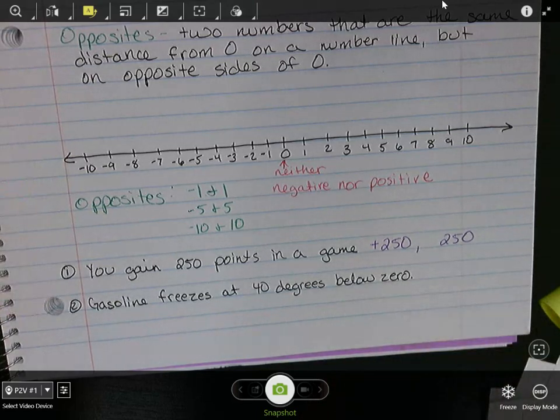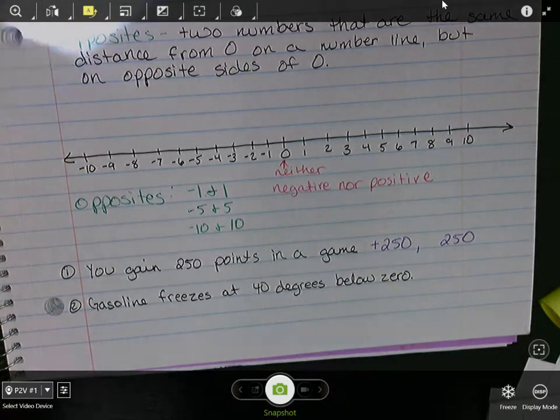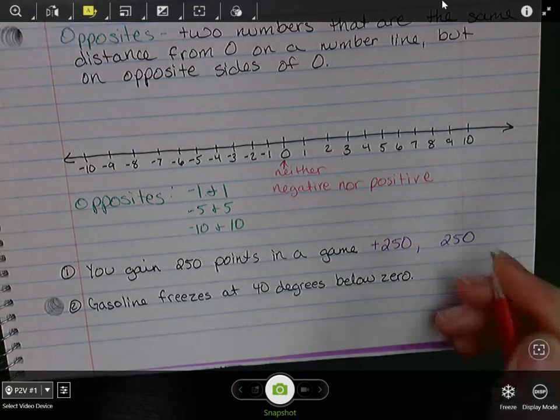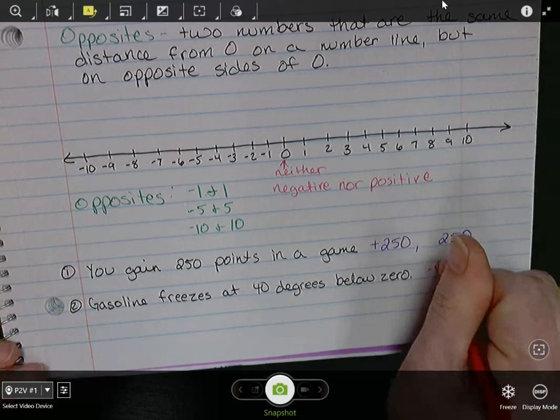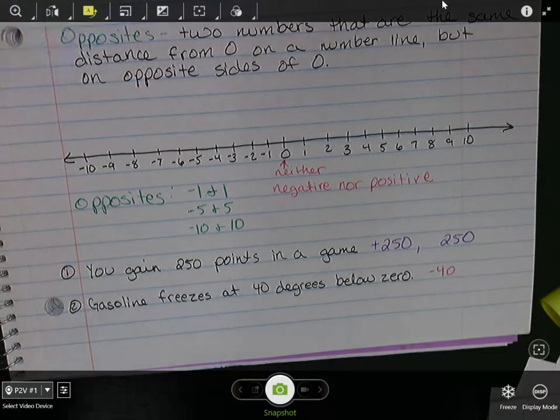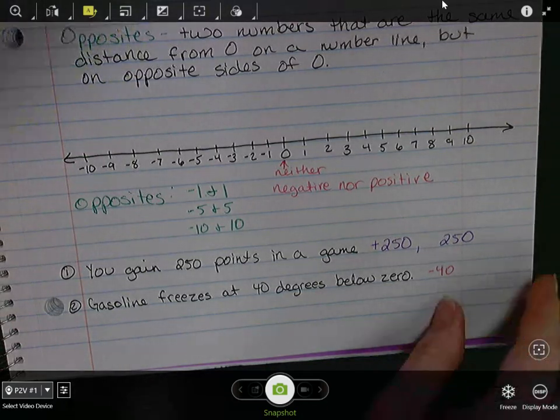Okay, so 40 degrees below 0, that would mean less than 0. Well, that would be -40 because it's below 0. So that would be -40. Okay, so that's whenever you would have a negative integer. That's an example of negative.